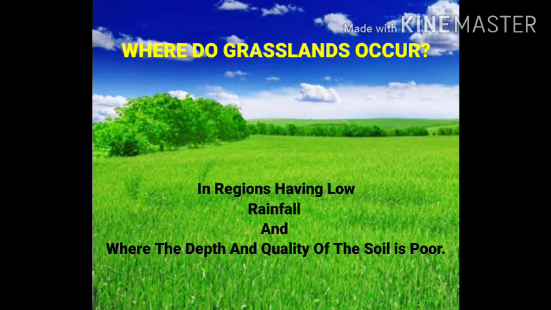The low rainfall prevents the growth of a large number of trees and shrubs in abundance, but it is sufficient to support the growth of grass cover during the monsoon. The low rainfall can also trigger droughts and fires that also prevent the development of dense forests.